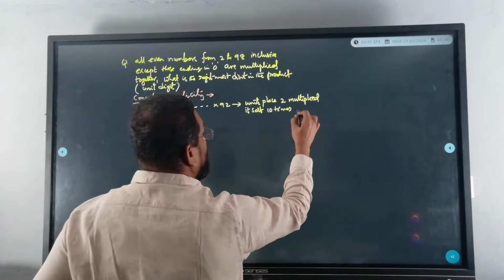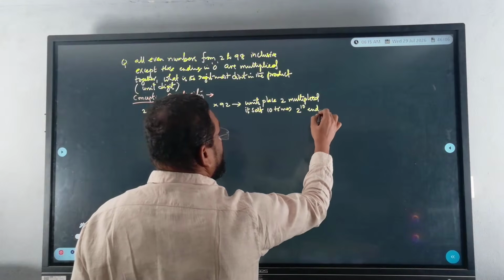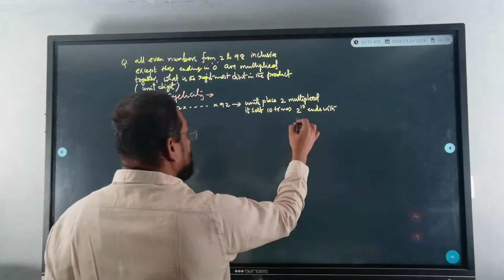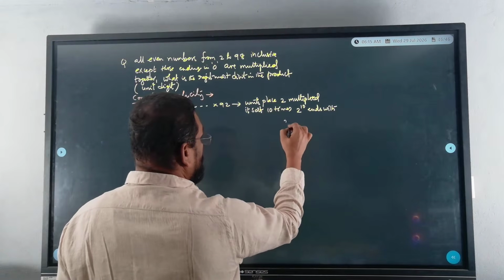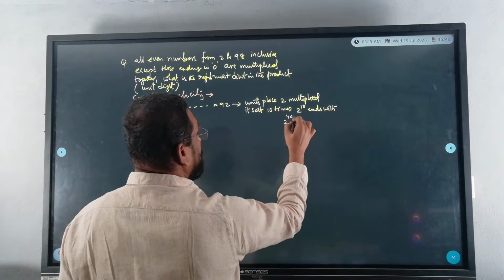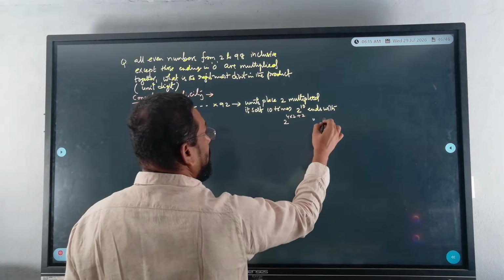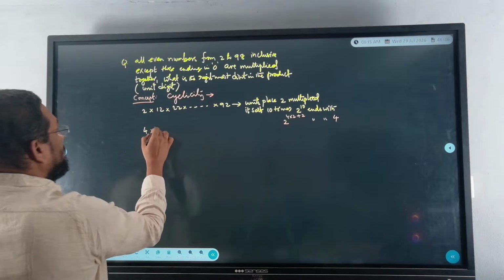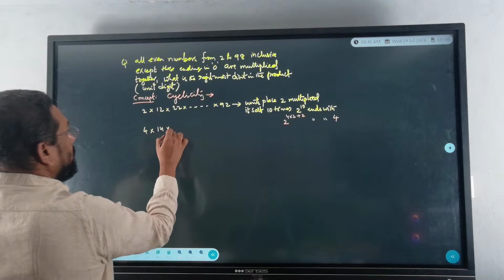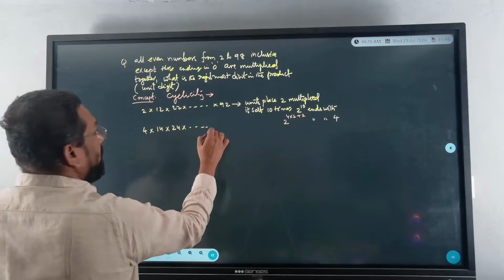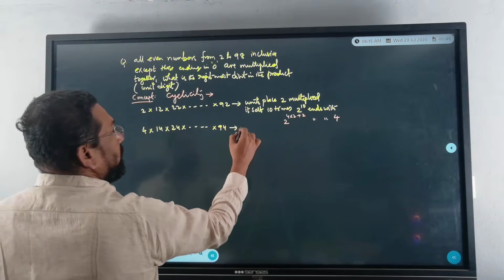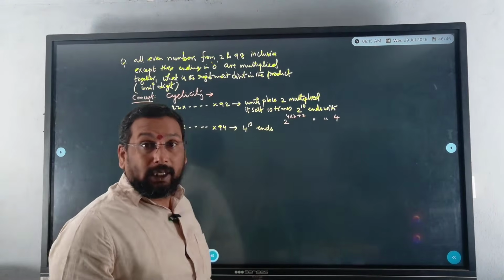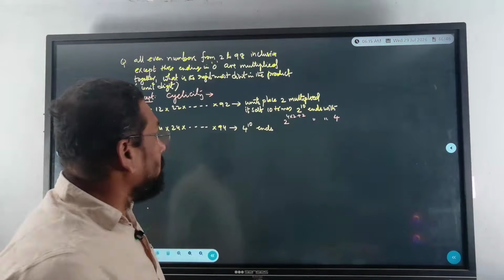So 2 power 10 ends with 2 power 4 into 2 plus 2, which ends with 4. Like 4 into 14 into 24 and so on into 94: 4 power 10, which is 4 power even, ends with 6.